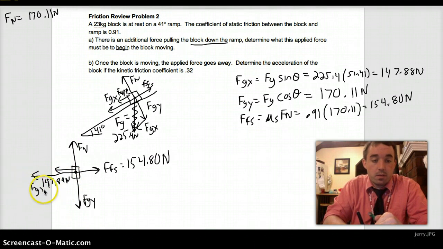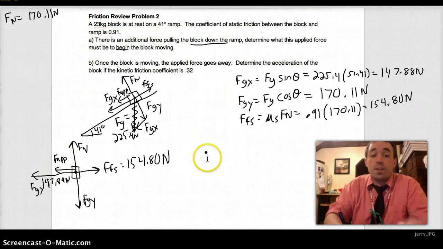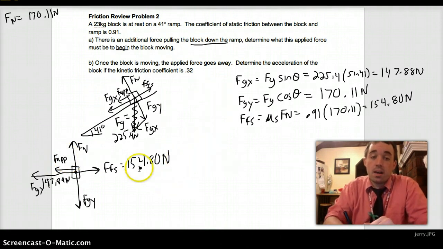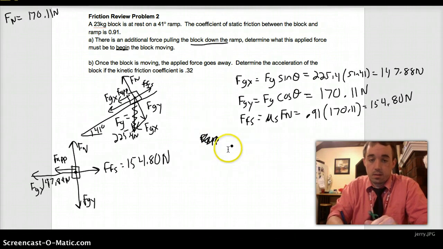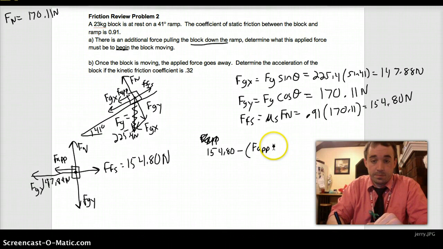That's my FGX. But I also have to apply a force to get it moving. To get it moving, obviously I need to have an unbalanced force. So my applied force, let me start over. All my right forces, which is just my 154.80, minus all of my left forces, FAPP plus 147.88, has to be just greater than 0.